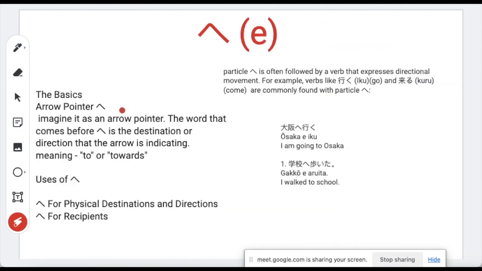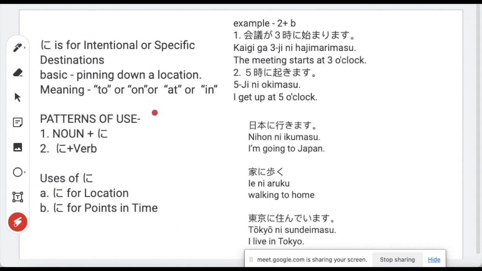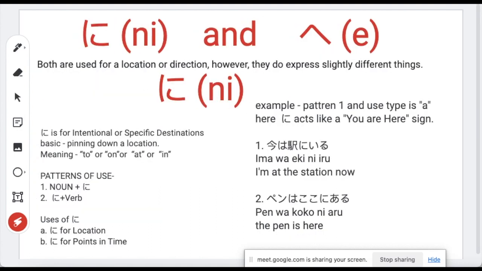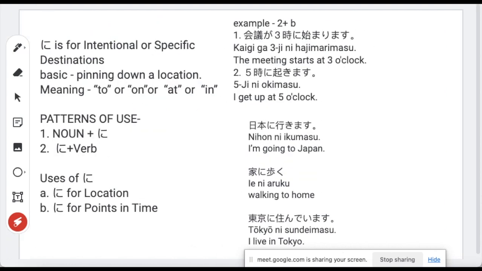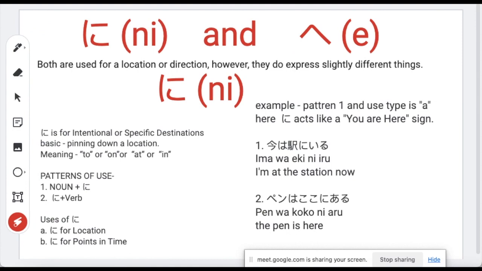E. What does e indicate then? If ni is only for the particular location, what is e? Because the meanings are the same, both are used for location and direction. Okay, but the use is slightly different. What is the difference? We're going to see in the next slide. So till now, let's see some examples if you can make them.